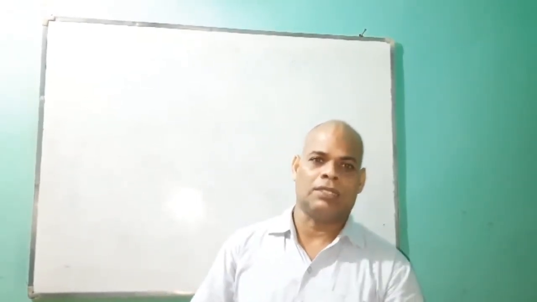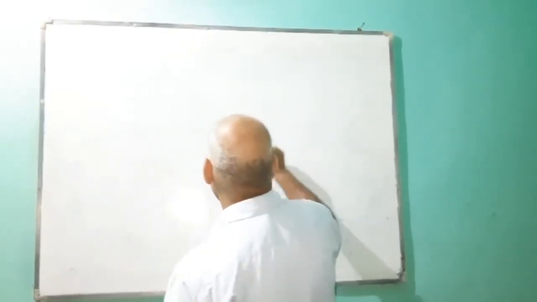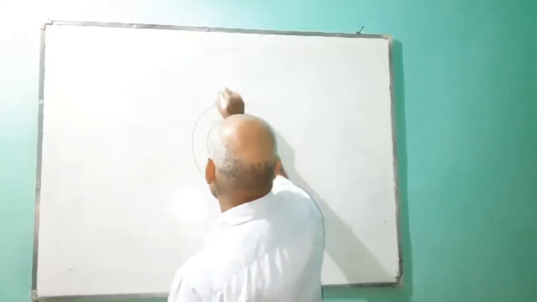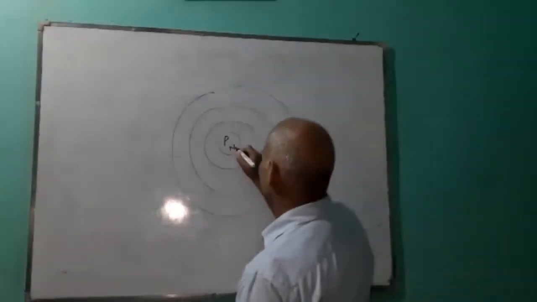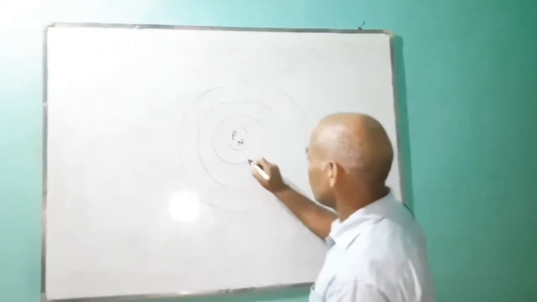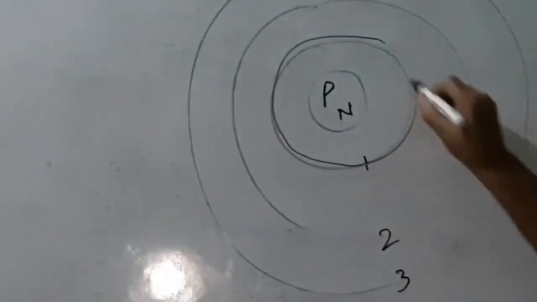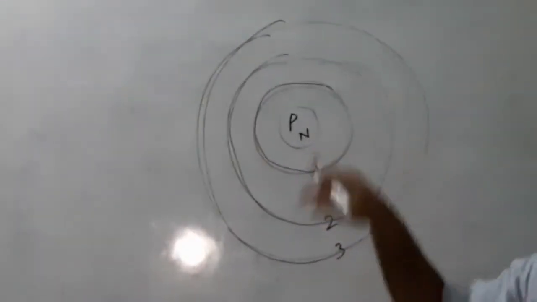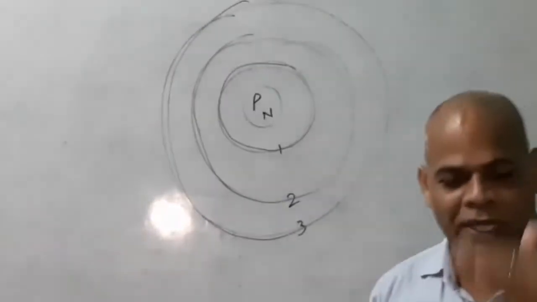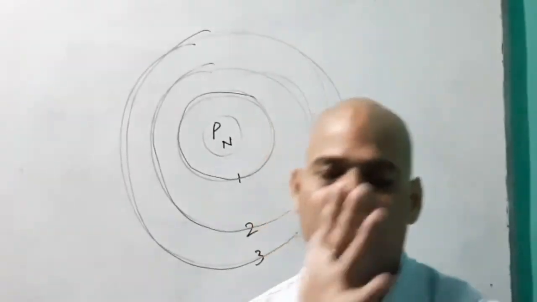Because each shell, like here there is a first, second and third. So this circular path and this circular path around the nucleus is called an orbit or shell or energy level.